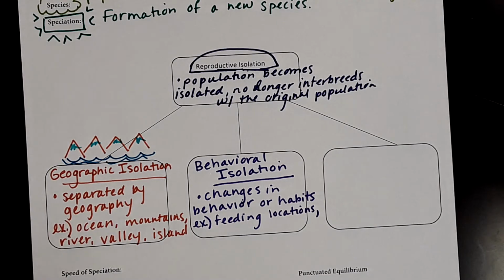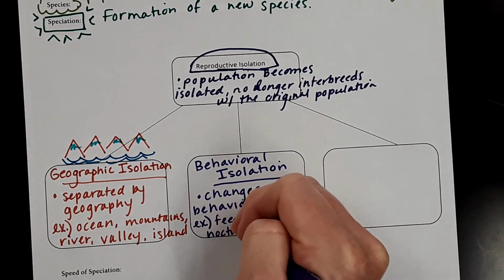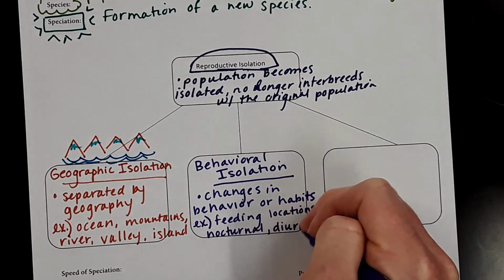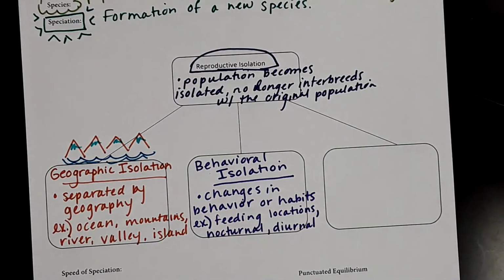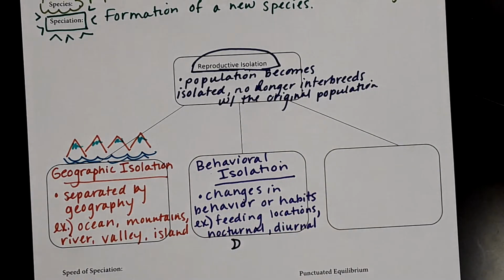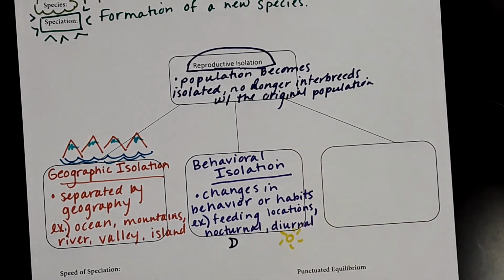The other day you had that example with worms, being nocturnal or diurnal. The nocturnal worms are going to meet other nocturnal worms, and the diurnal worms are going to meet other daytime worms. So your behaviors will dictate who you're likely to meet and mate with.